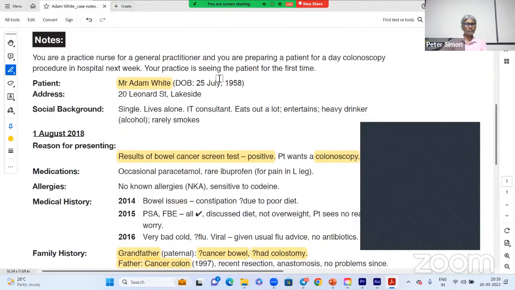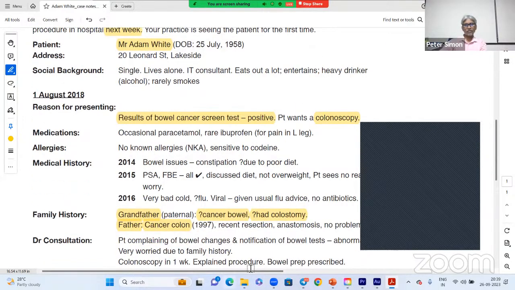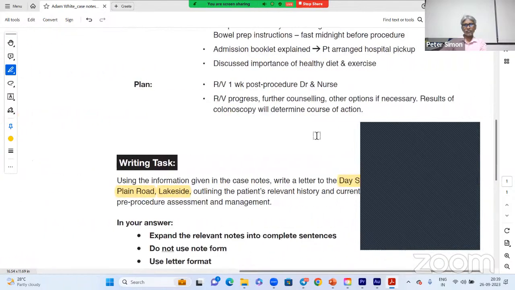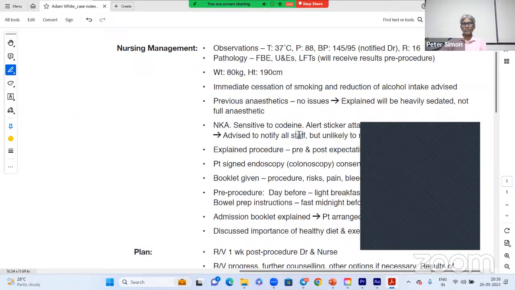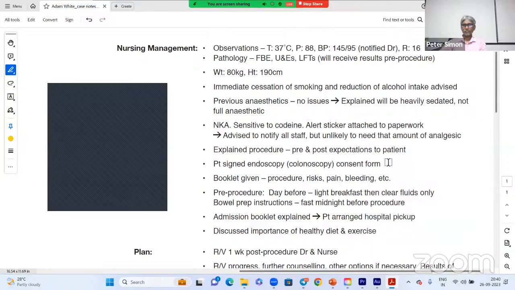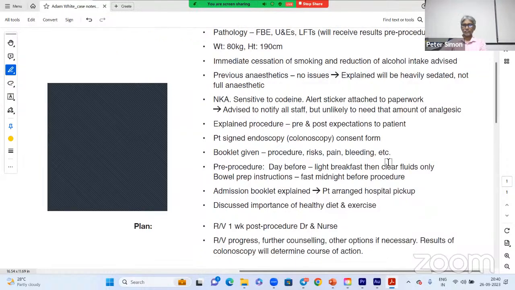Then you are preparing the patient for a day colonoscopy procedure in the hospital next week. So colonoscopy next week. And next, explain procedure, education.